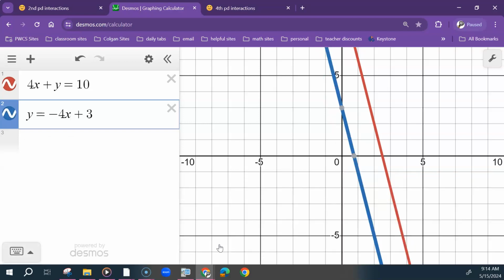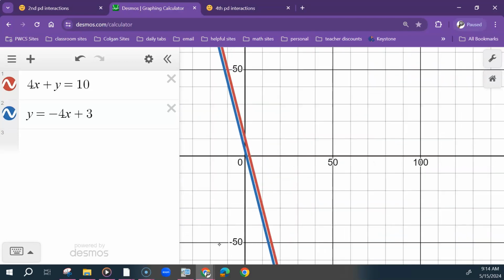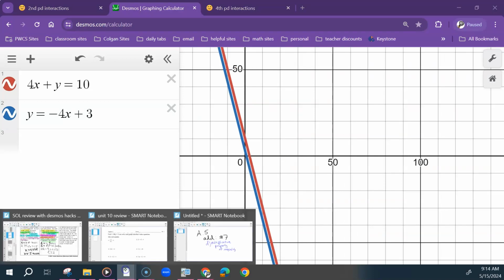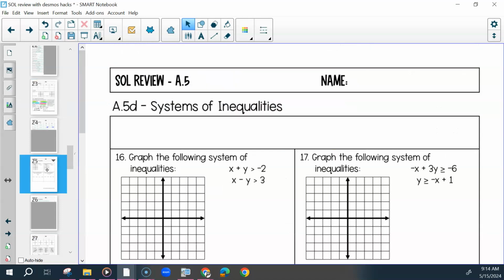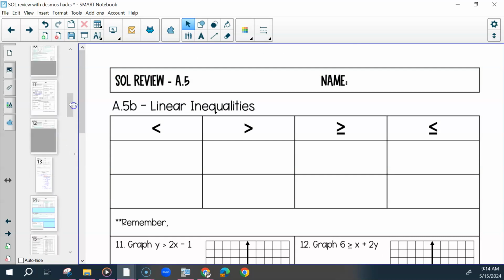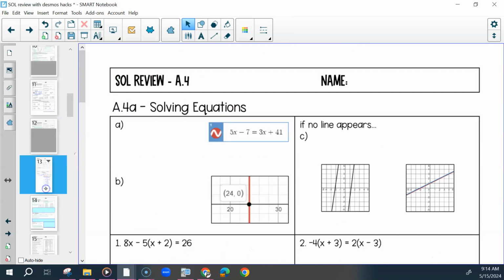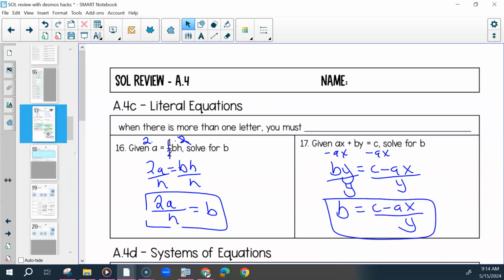And you'll see that these 2 lines never cross, they are parallel, so this would be no solution. I'll get to the right page so I can write it down.